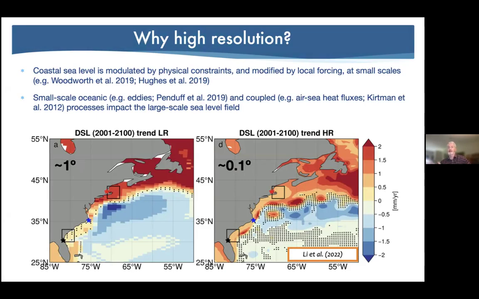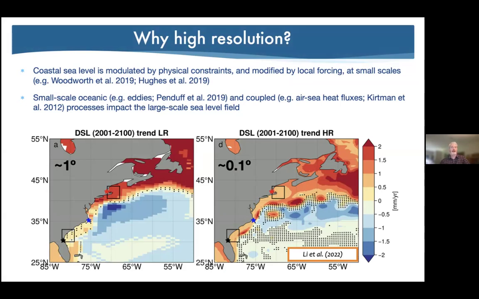You also have forcing directly of coastal sea level variability that is superimposed on top of sea level variability at larger scales. So in order to represent those phenomena, you need to resolve the spatial scales of the processes, which can be quite small on and near coastlines.